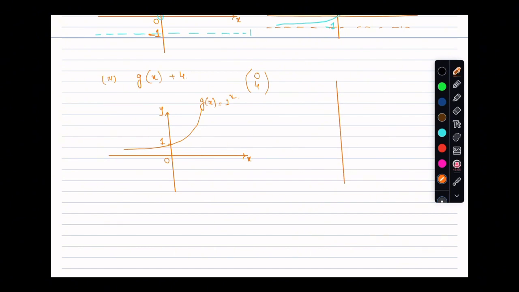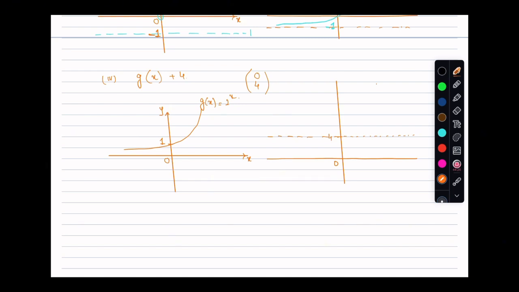Therefore, moving it by 4 units upwards, the asymptote which was at the x-axis should now be moved 4 units upwards in the positive direction. The 1, which was the y-intercept, now needs to be 1 plus 4. That should be giving me a 5.